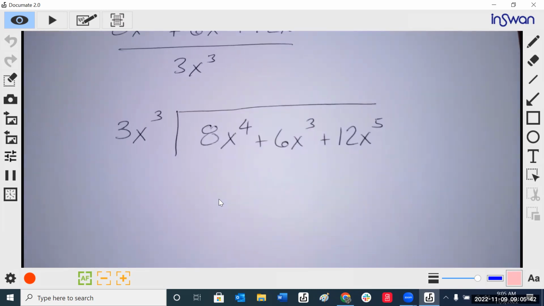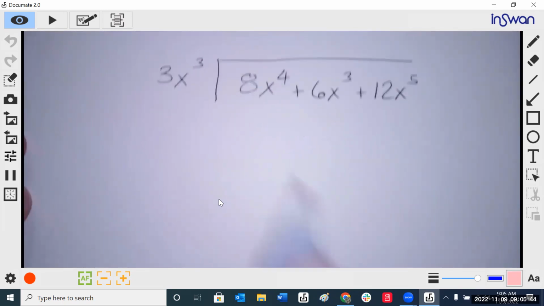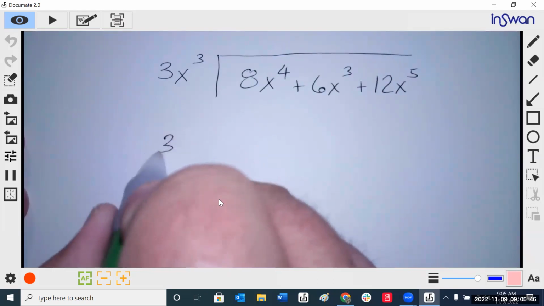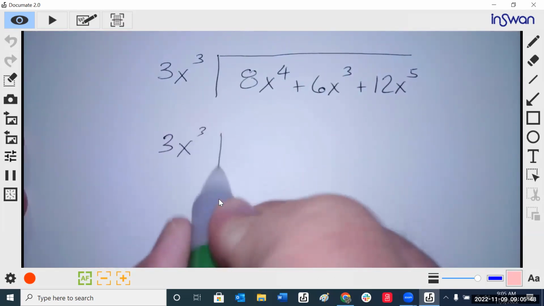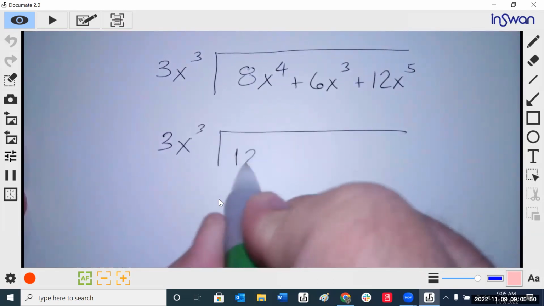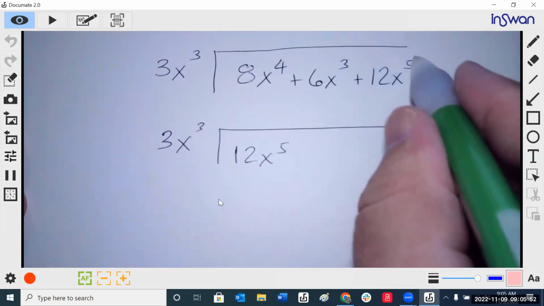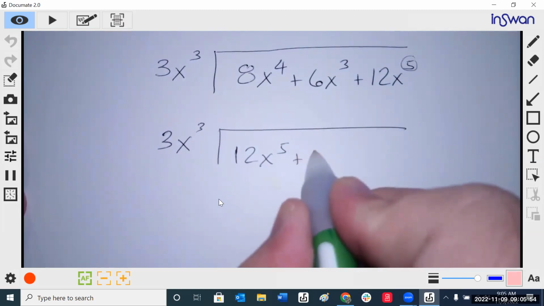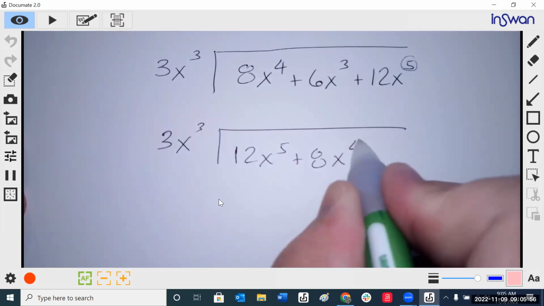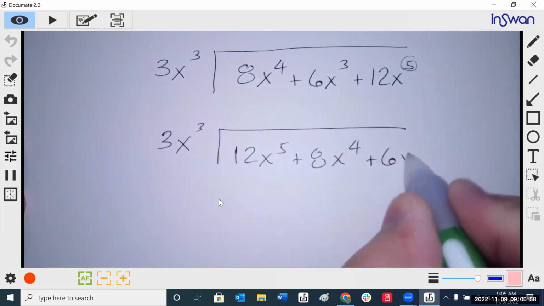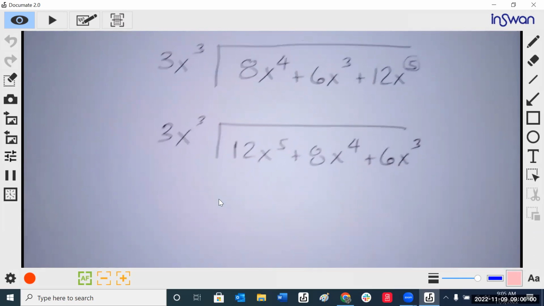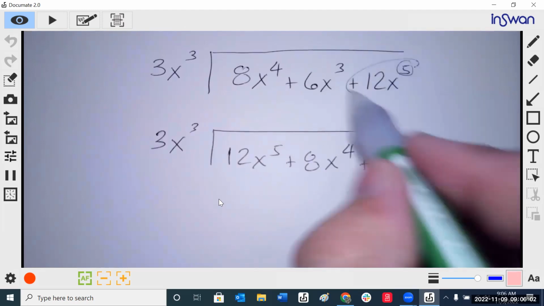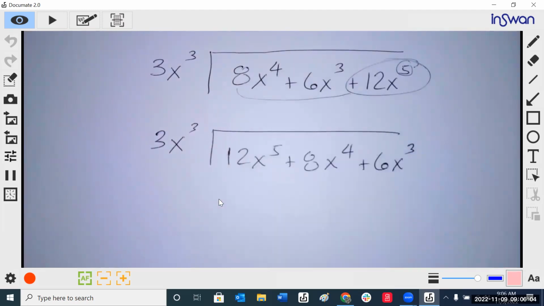I just noticed that when you said that. Yes. So I got to rewrite the whole thing. Thanks for waiting. So since that's a 5, it goes first. So that one should go first.